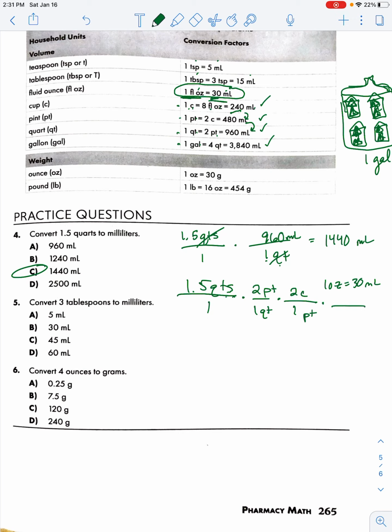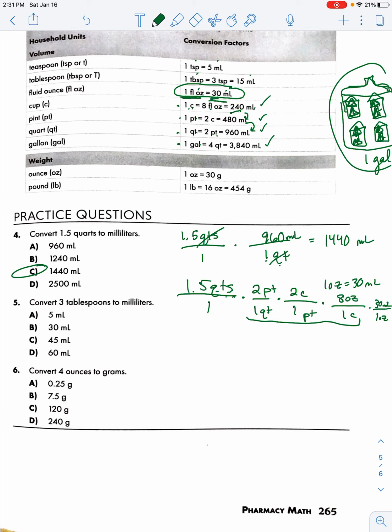And then I know that 1 cup is 8 ounces. And now I can say 1 ounce is 30 milliliters. Right? So let's say you drew your picture and you were able to use the quart, pint, cup, ounce conversions. You were able to use these 3 conversions to go from quarts down to ounces. Would you still get the same answer?